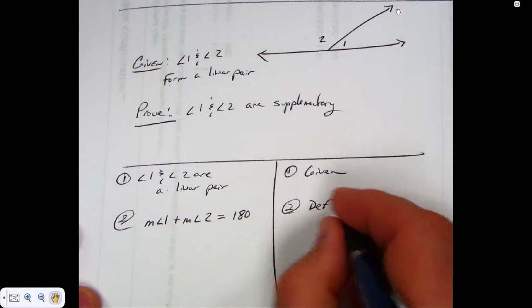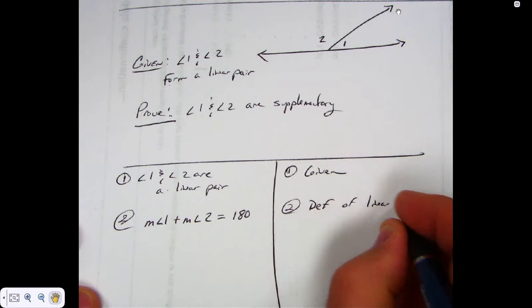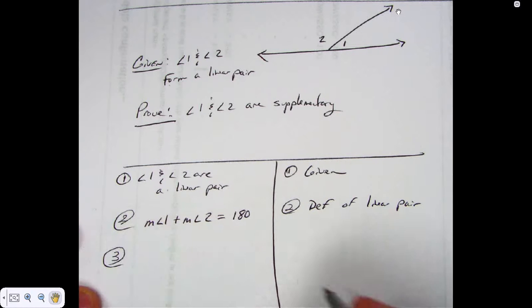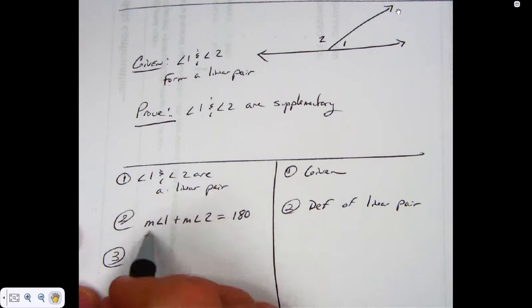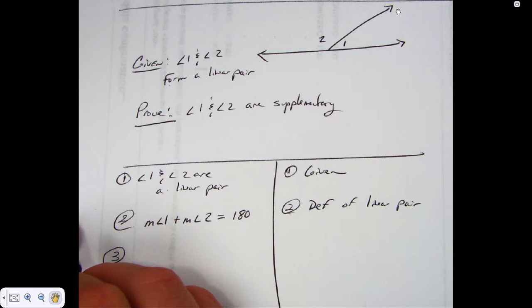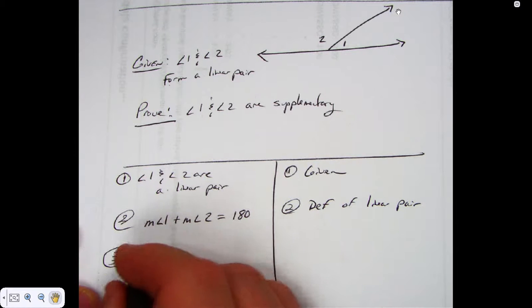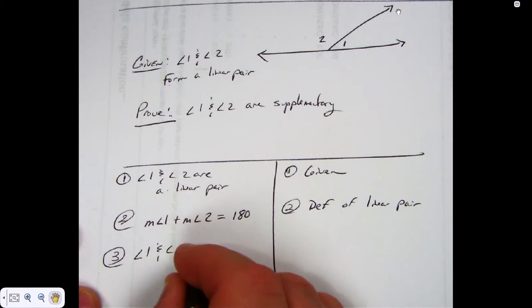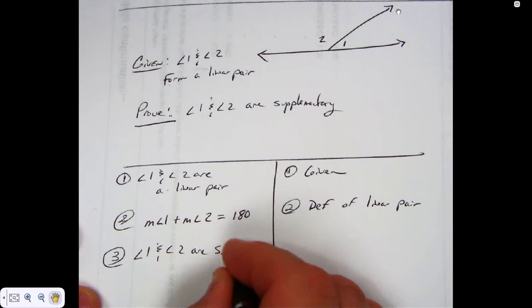That's the definition of a linear pair. Isn't that also what the definition of being supplementary means? Yes. So angle 1 and angle 2 are what? Supplementary.